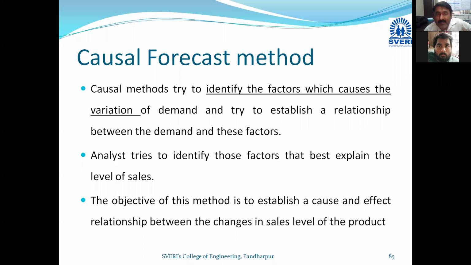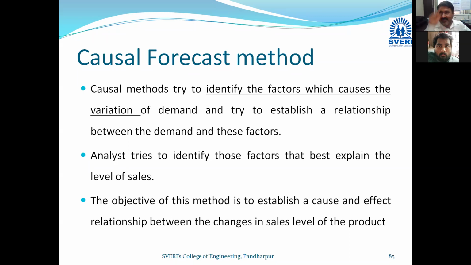The objective of this method is to establish the cause and effect relationship. Cause and effect, this is the cause, and this is having a direct impact on this relationship. This is the cause, again let it be a decline, so this is the effect on the relationship. So cause and effect relationship between changes in sales level of the product. Sales level, again same example, 1000 sales, 950, 970, 1050, 930.